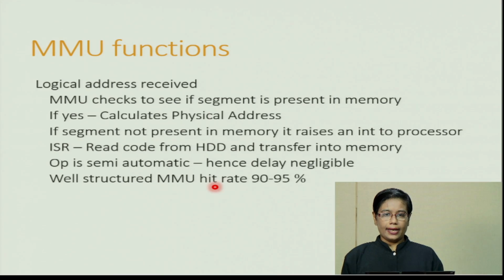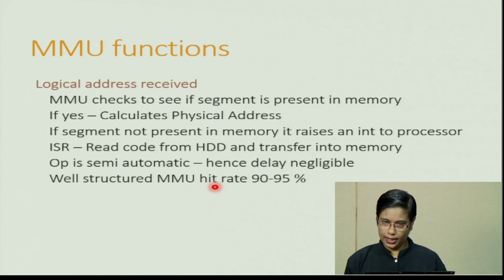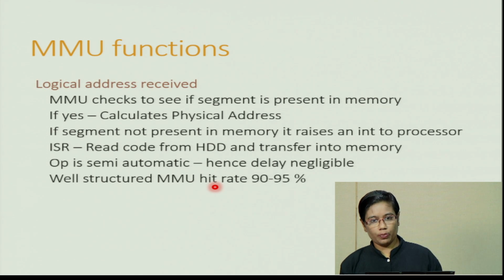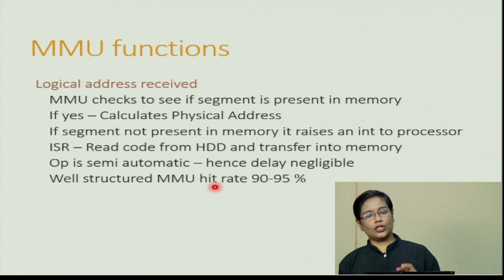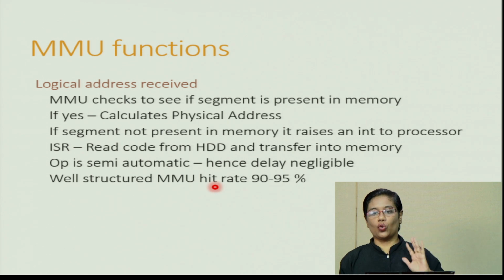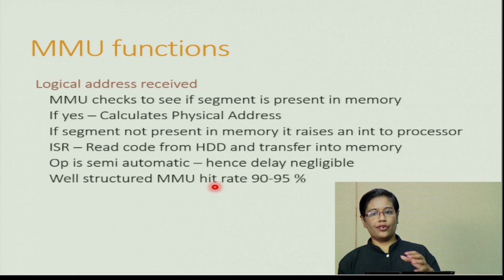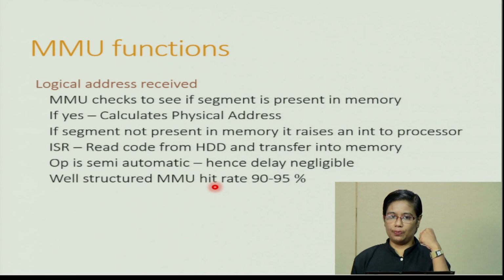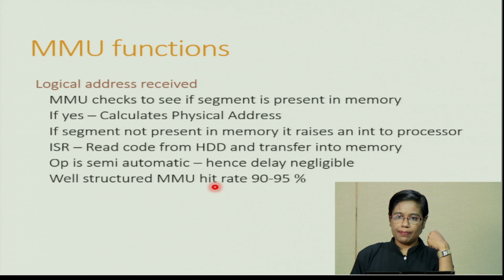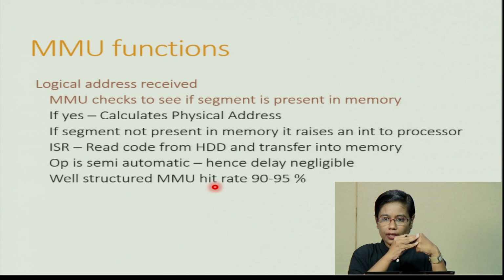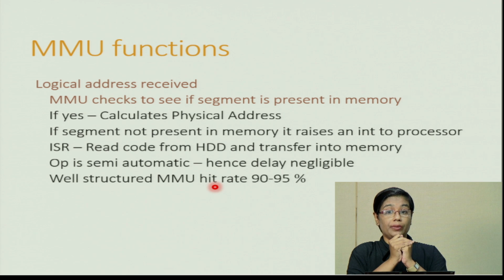Now, what exactly does the memory management unit do? When it gets a logical address, the memory management unit first checks to see whether the segment is present in memory or not. It knows this from the descriptor.